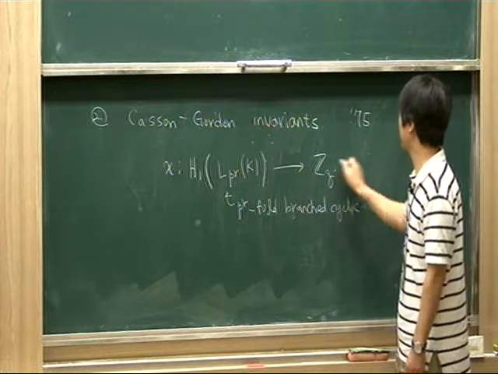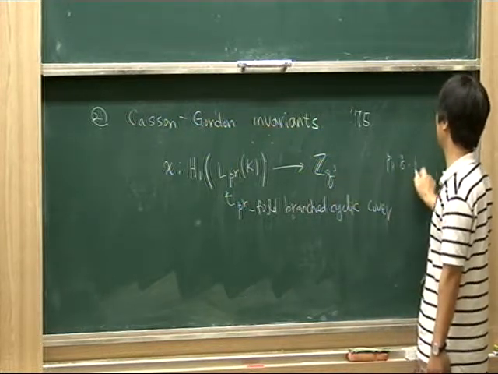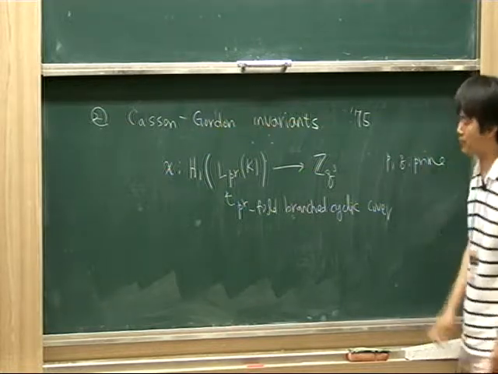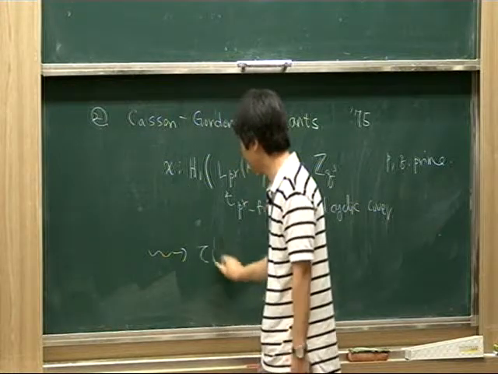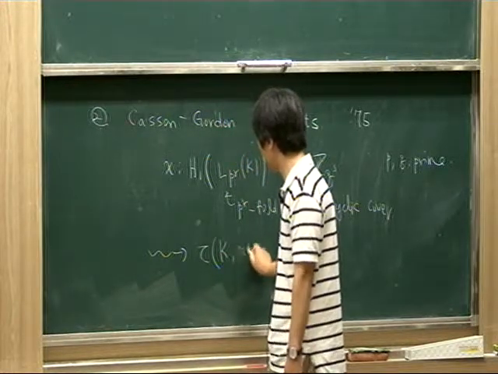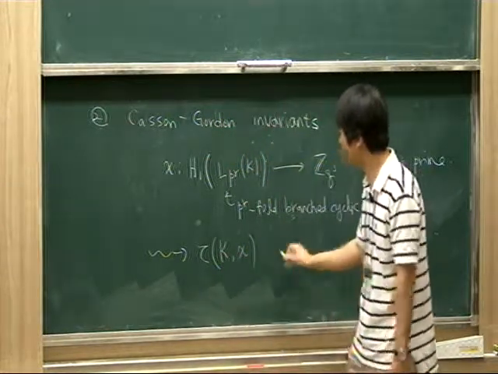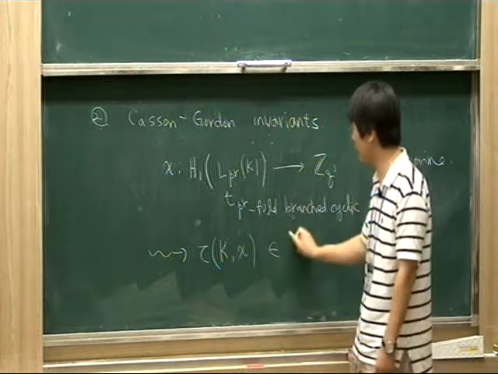So here p and q are prime. And then somehow they obtained an invariant associated to this character, which is an element in a certain L-group.